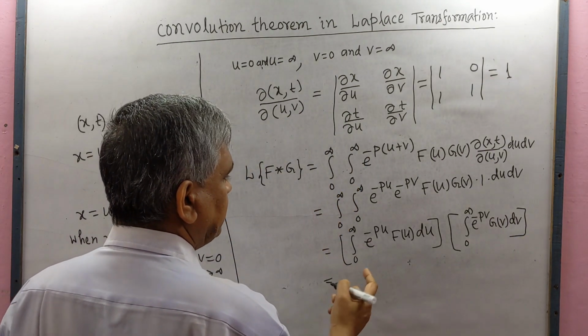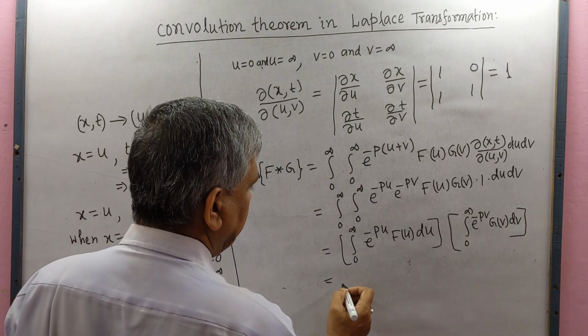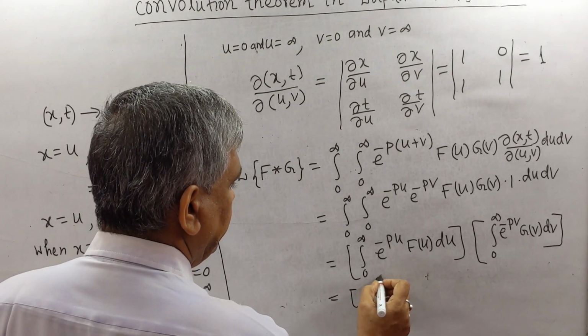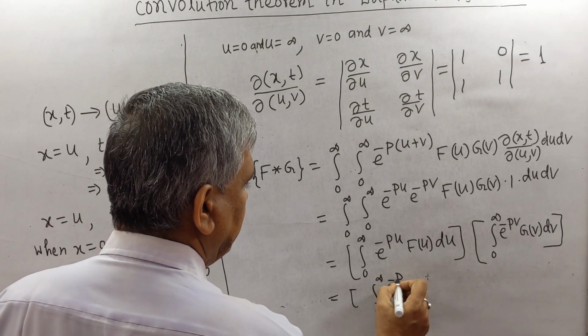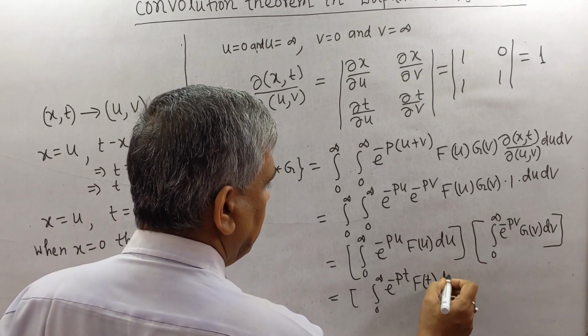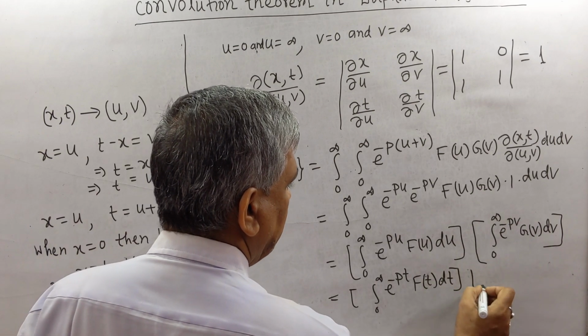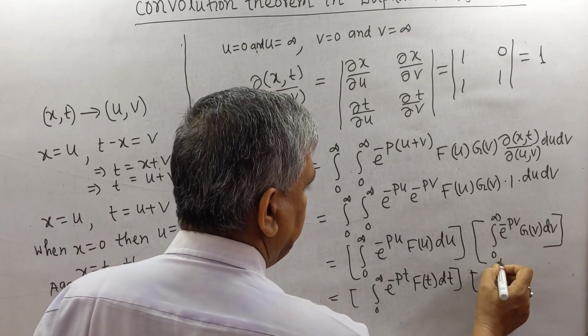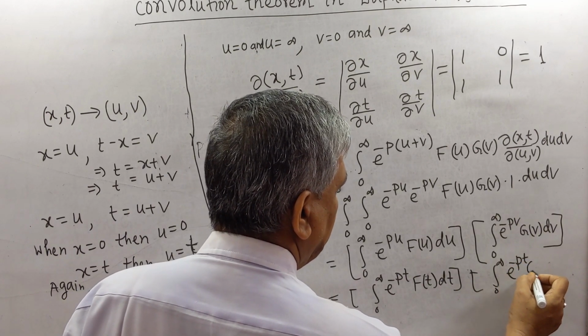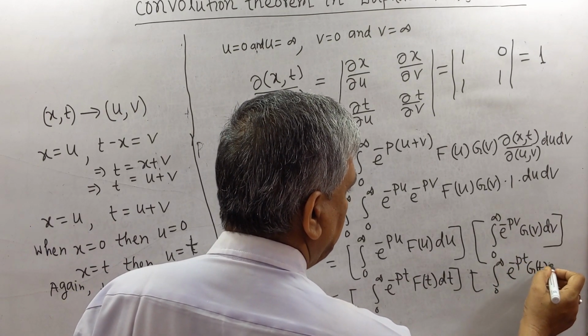We may change the variables of the definite integration: the integral from 0 to infinity of e to the power minus pt, f t dt, and the integral from 0 to infinity of e to the power minus pt, g t dt.